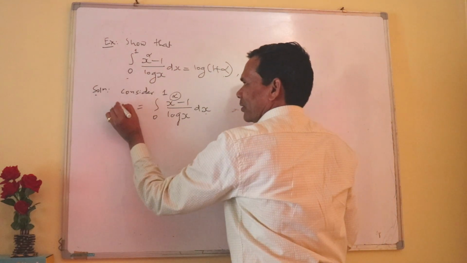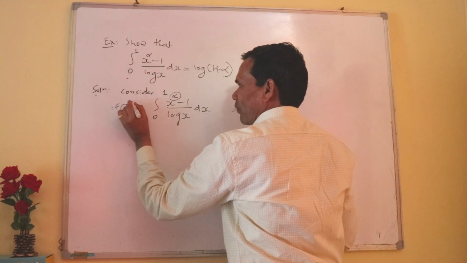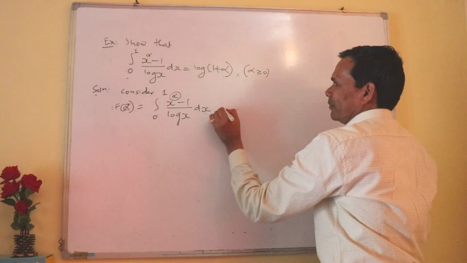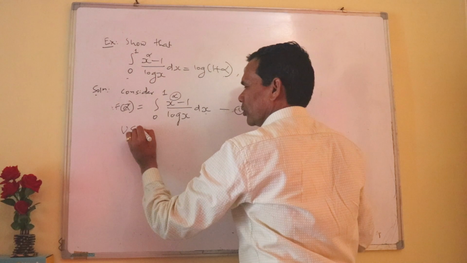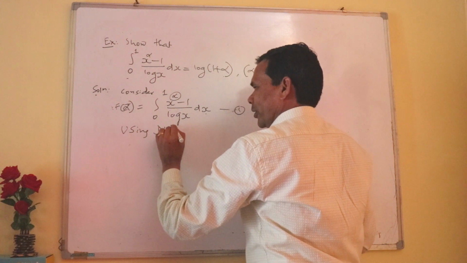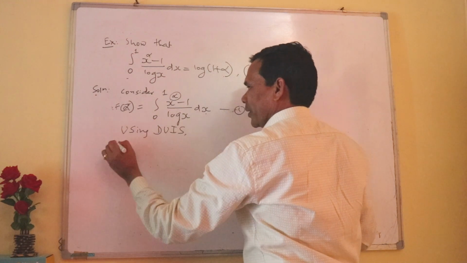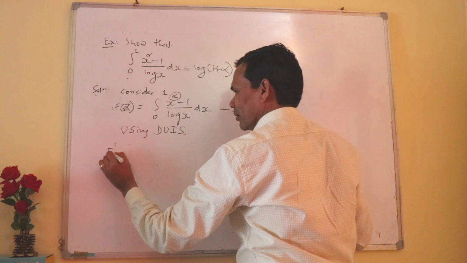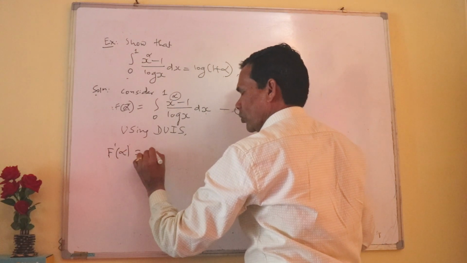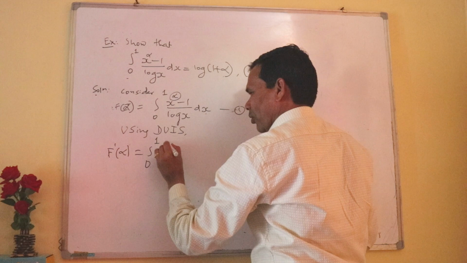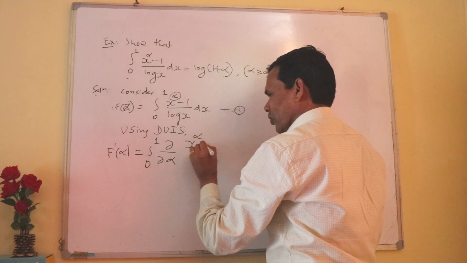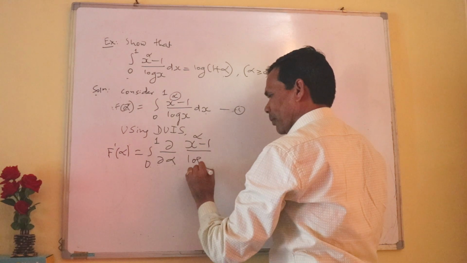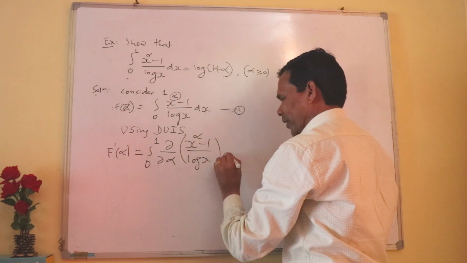So I consider this integral as F of alpha, and using DUIS, first rule, F dash alpha is equal to the integral from 0 to 1, according to the rule, of the partial derivative with respect to alpha of x raised to alpha minus 1 upon log x, with respect to x.